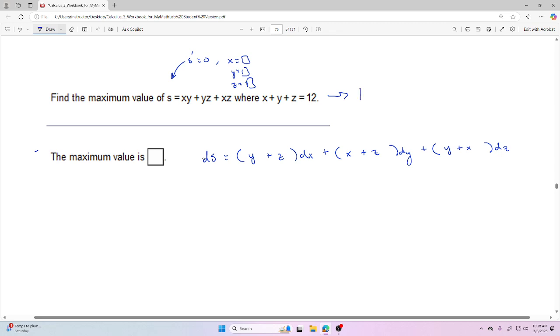One dx, one dy, one dz equals 0. Very good. That's kind of weird. Is that going to help me? I don't know. I feel like there's way too many variables going on, right?